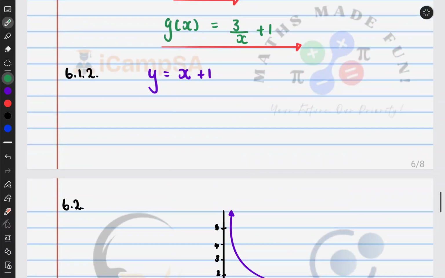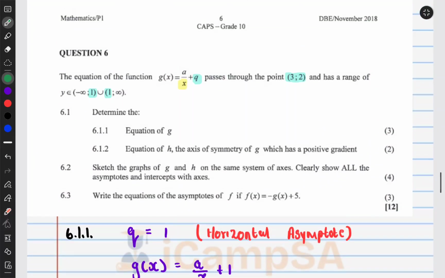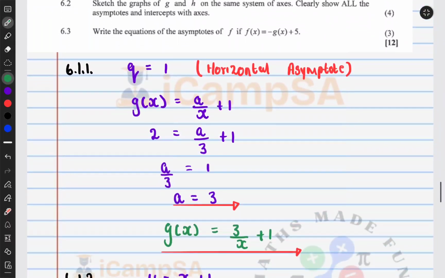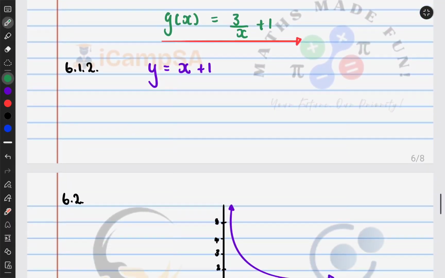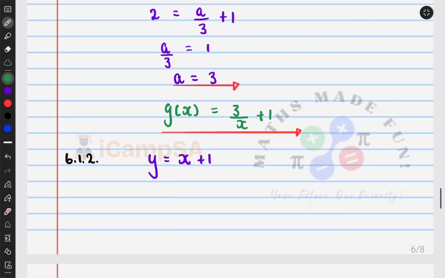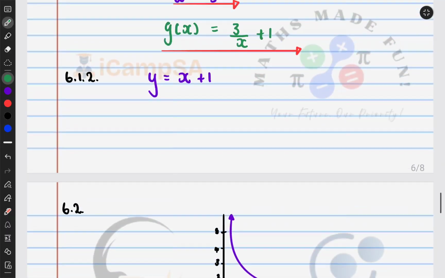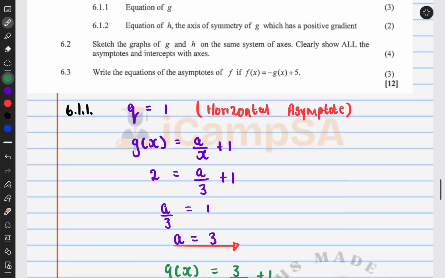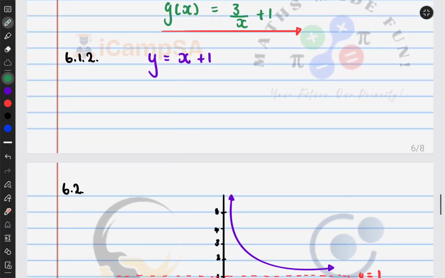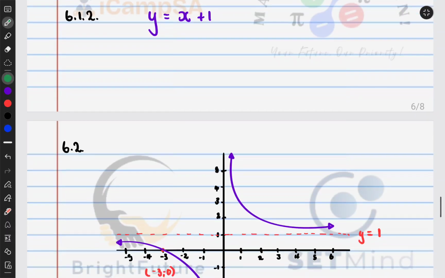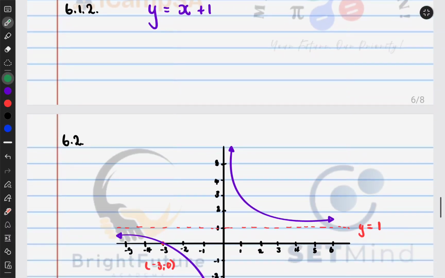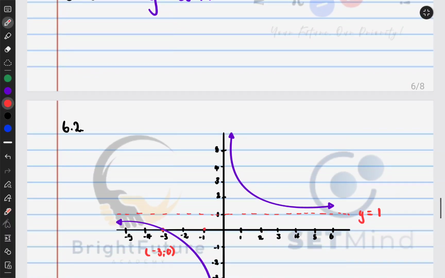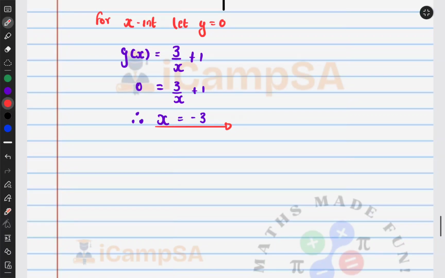Okay, let's quickly draw the function of h with the positive gradient, which passes through 1. What's the equation of h? Y is equal to x plus 1. For the x-intercept, we can also calculate it here.